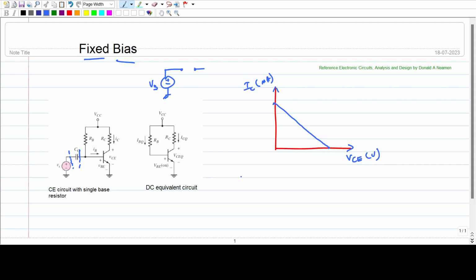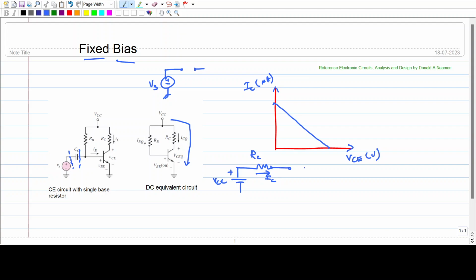For this, we have to write the KVL at the outer loop. What is the outer loop? This is the outer loop. This is VCC. The positive terminal of VCC is connected to a resistor, which is RC. The current flowing through is IC. This Q represents the Q point. So we started with VCC, then RC, and after that you can see there is a VCEQ here.